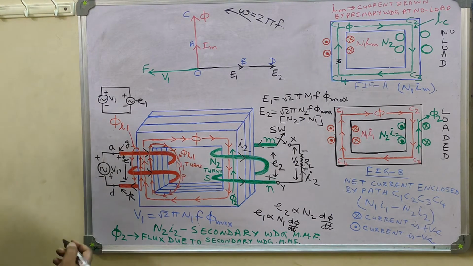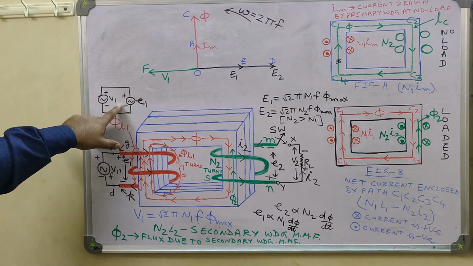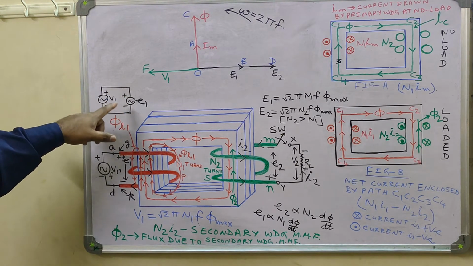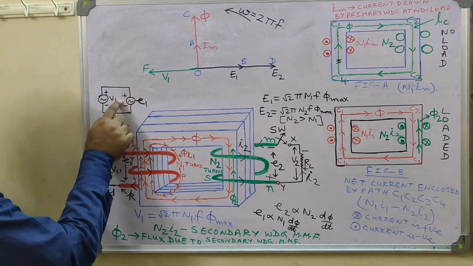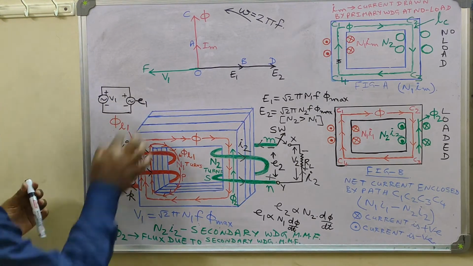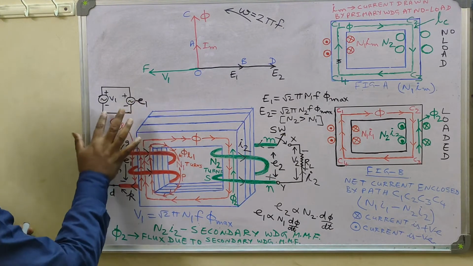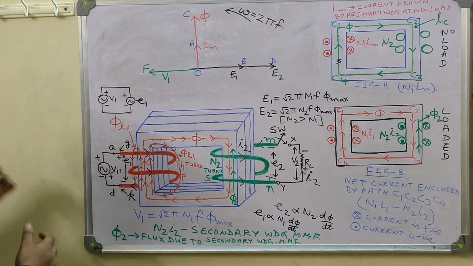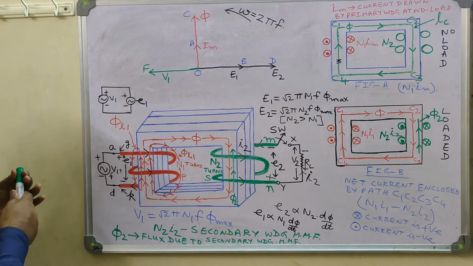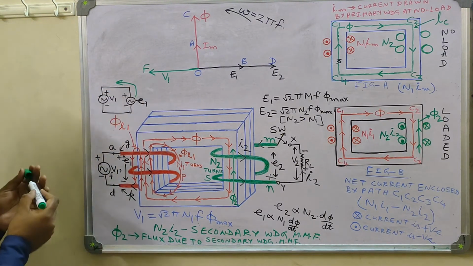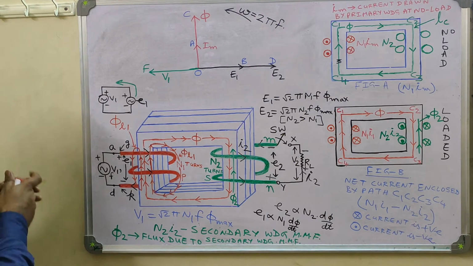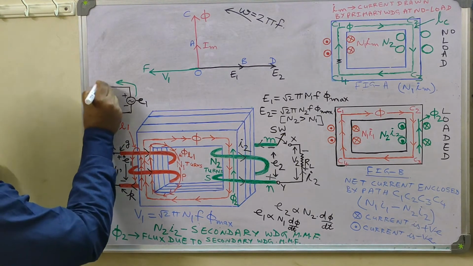Now they are 180 degrees out of phase with respect to each other, but with respect to some external circuit, they are found to be in the same direction. If you connect some load here with an external circuit, but with respect to each other they are opposite, because E1 will try to force current in this direction, and V1 will try to force current in this direction.